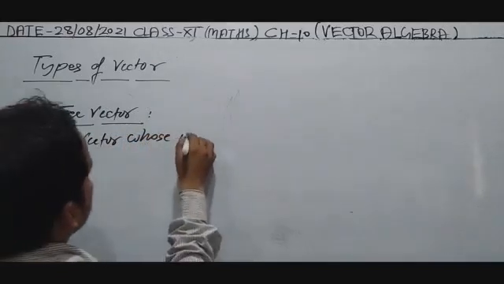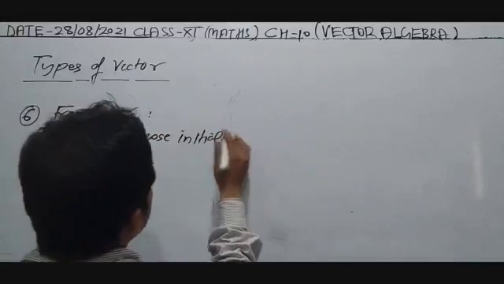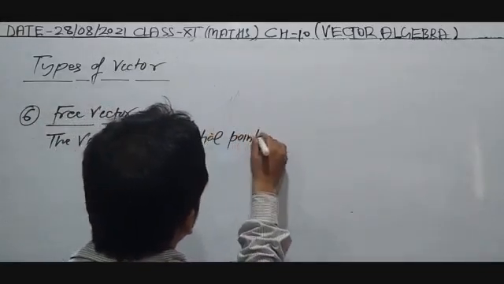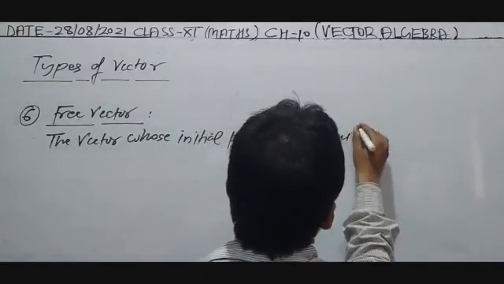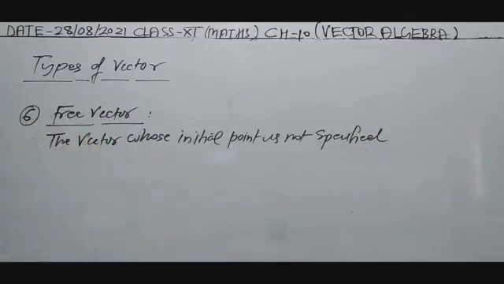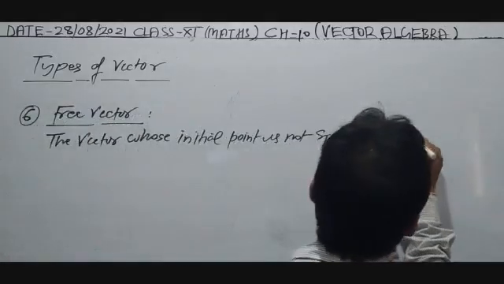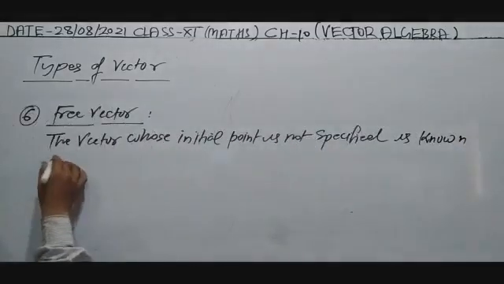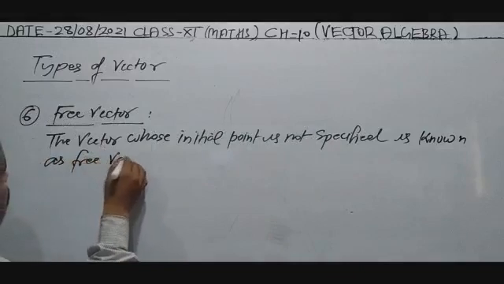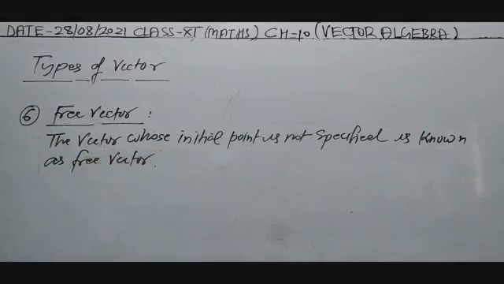The vector whose initial point is not specified is known as a free vector.